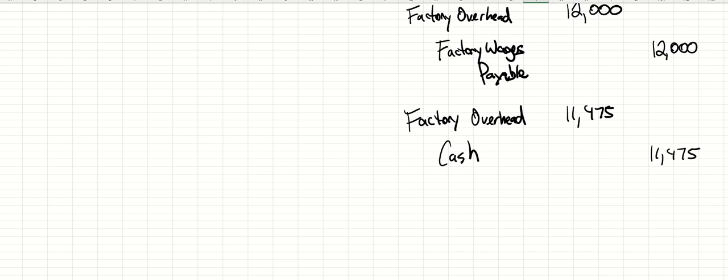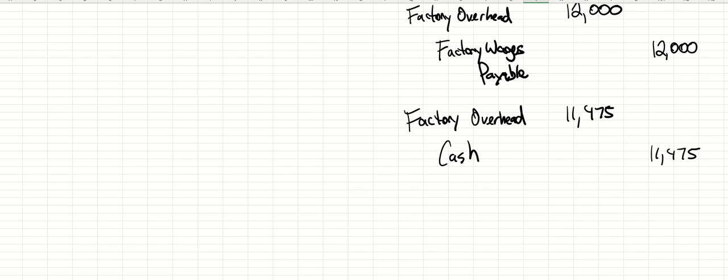Okay, so when it comes to factory overhead, yes, it is one account, but when you're debiting factory overhead, that's actual factory overhead costs. If you're crediting factory overhead, that's the factory overhead cost that is estimated. So that's applied overhead. It's not actual yet.